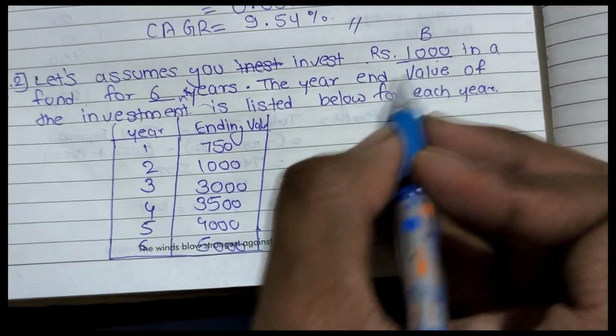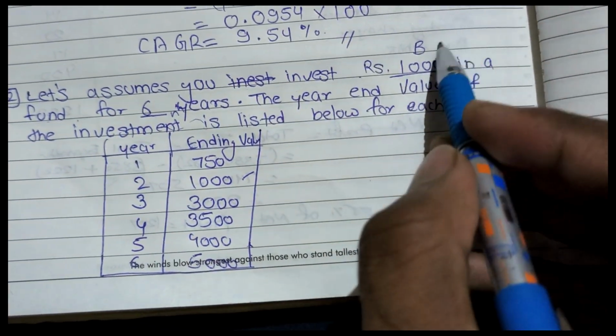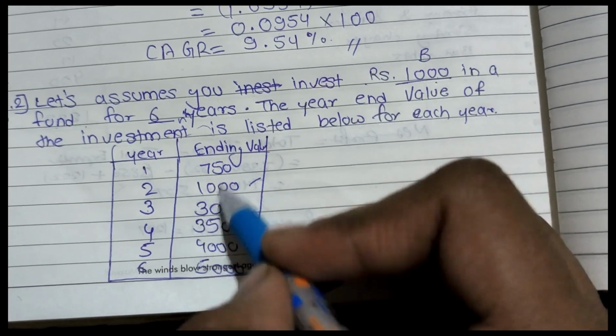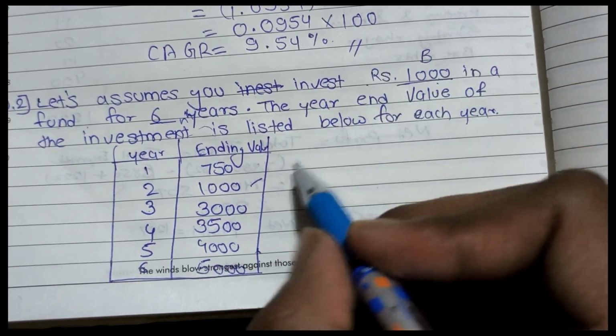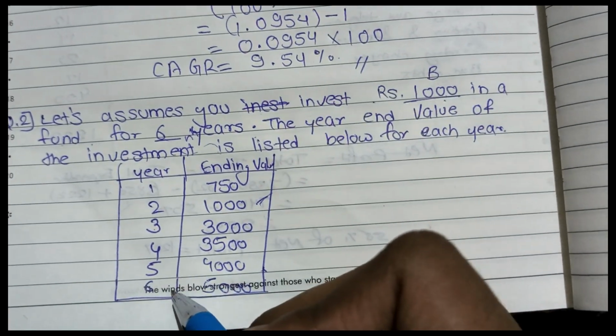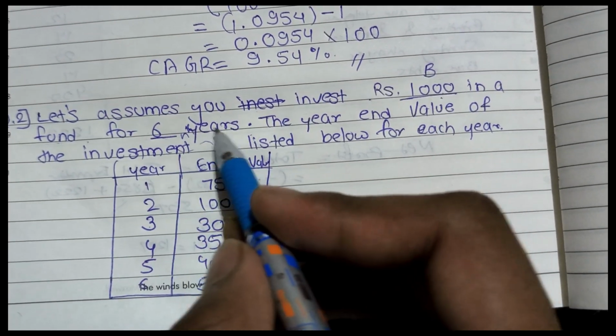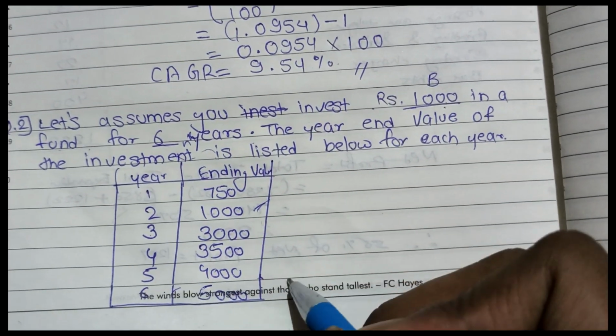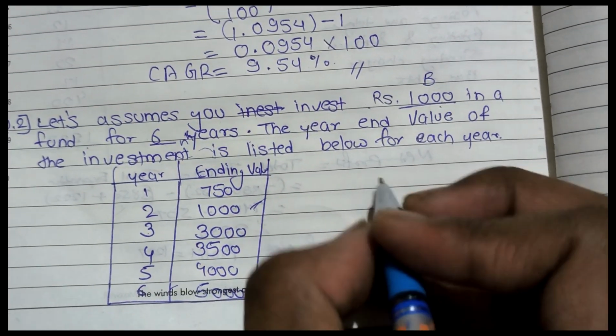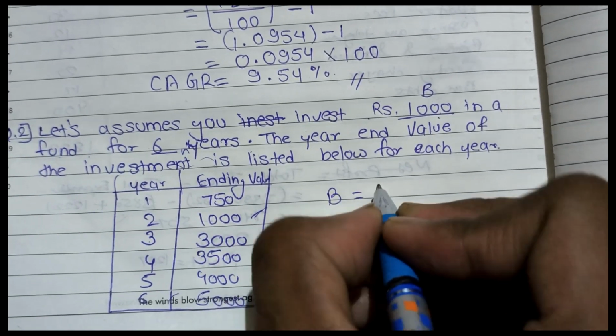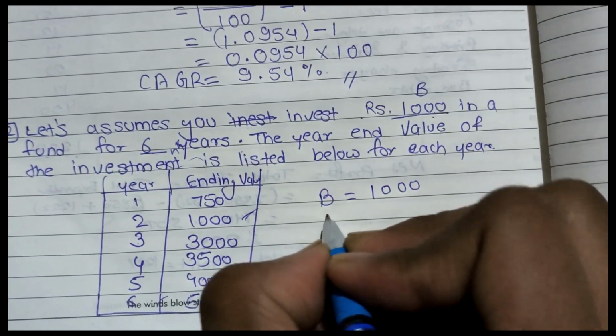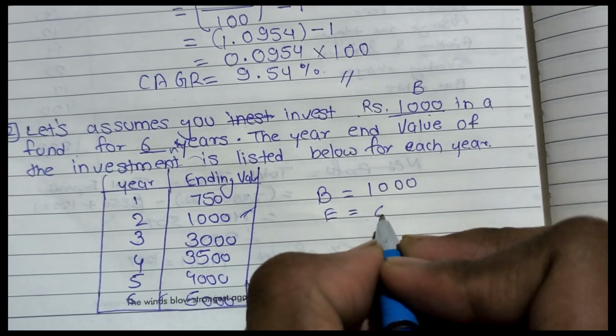So the beginning value is rupees 1000. After the last year, the 6th year, the fund value is rupees 5000. So the beginning value is rupees 1000 and the end value is rupees 5000.